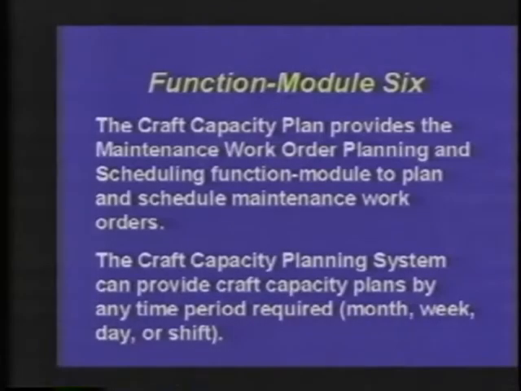And the fourth paragraph on the title page addresses that the craft capacity planning system can provide craft capacity plans for any time period that is required. In other words, if I am in a multi-plant environment where we have multi-shifts, first, second, and third shift, and it's not a continuous process environment, because in most continuous process environments, we have the same complement of craft labor on each shift.